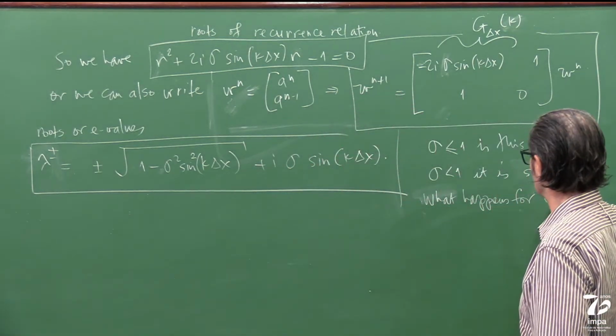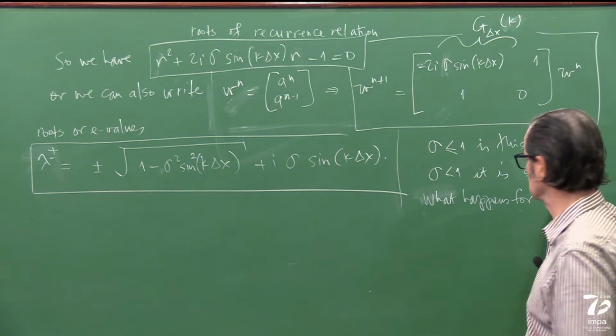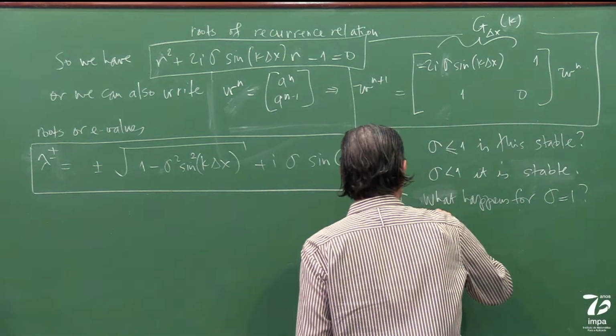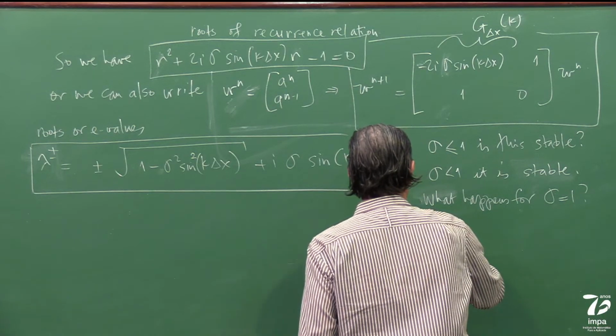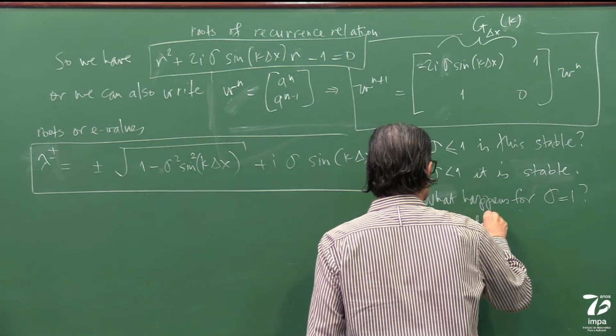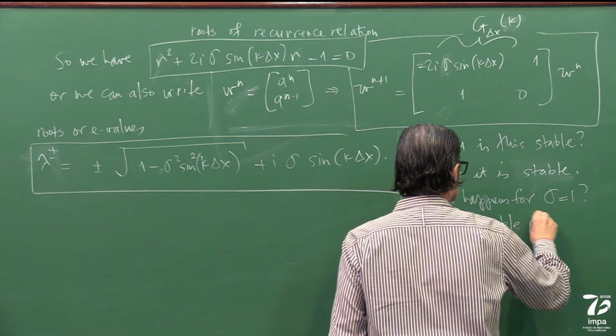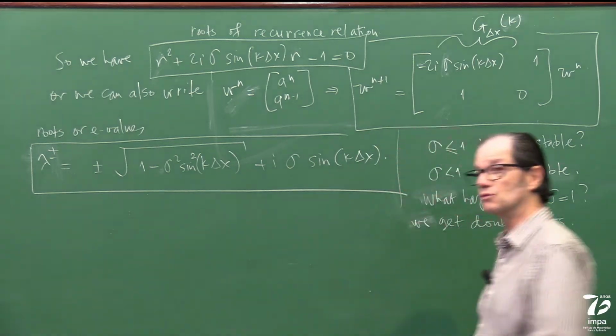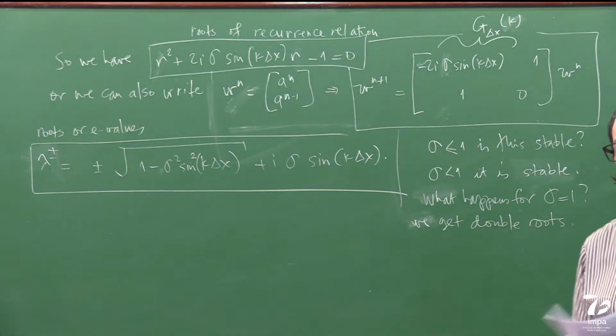But here's the thing. What happens for sigma equals to 1? We have double roots. Okay? So we get double roots. And when we get double roots, what happens?